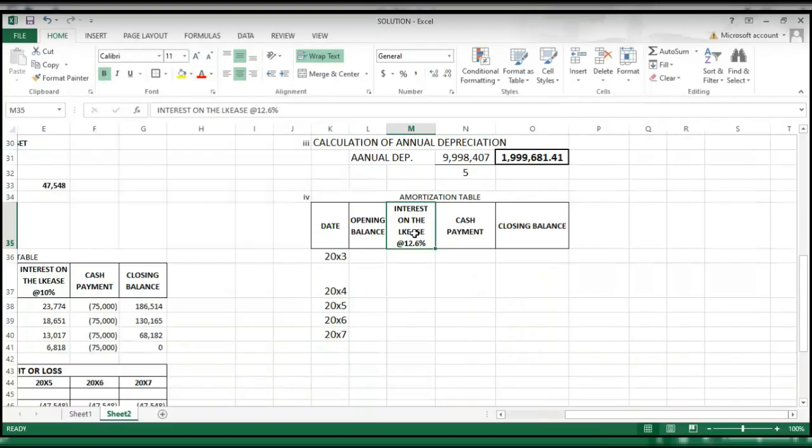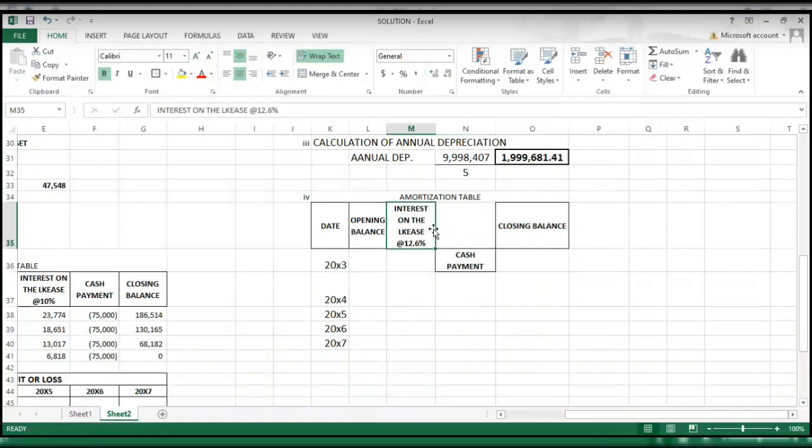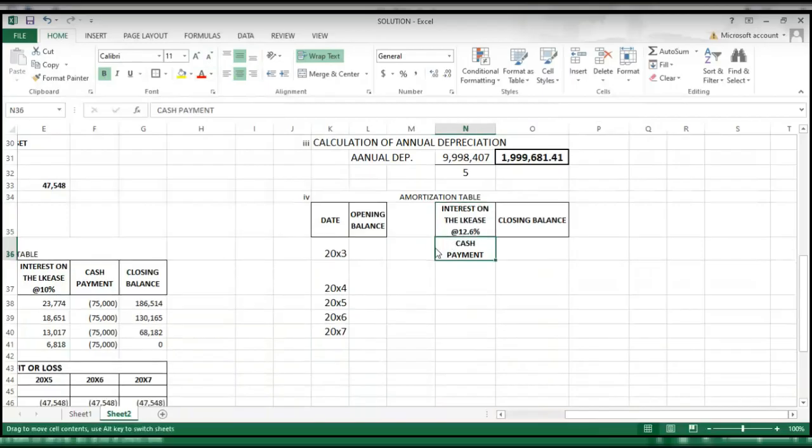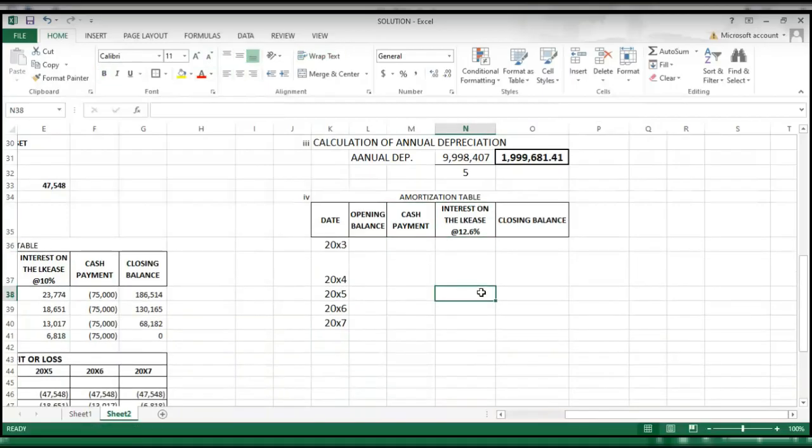Interest is calculated at the end of the year on the outstanding liability, but because payment is made earlier, we are going to switch position here. The interest component comes after the payment is made. So payment is made at the beginning of the year, interest will be computed on the outstanding balance at the beginning, and then the closing balance is stated there. I hope you understand what I'm talking about, because this is lease payment in advance.